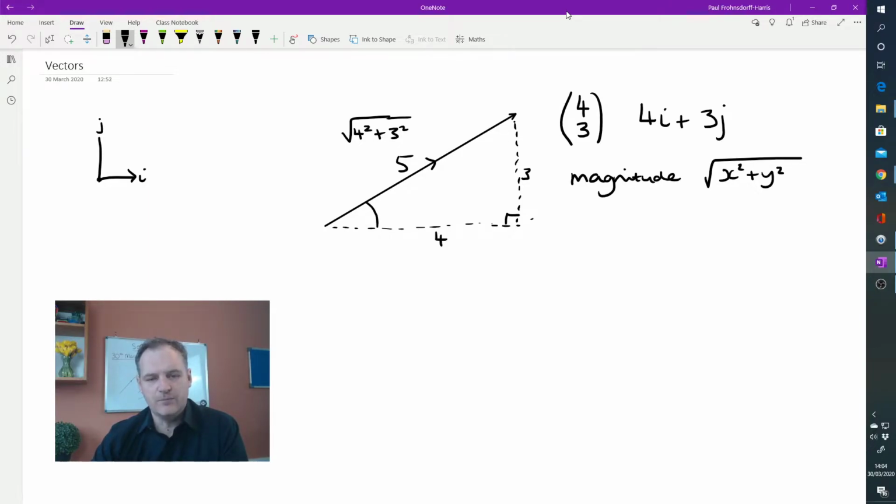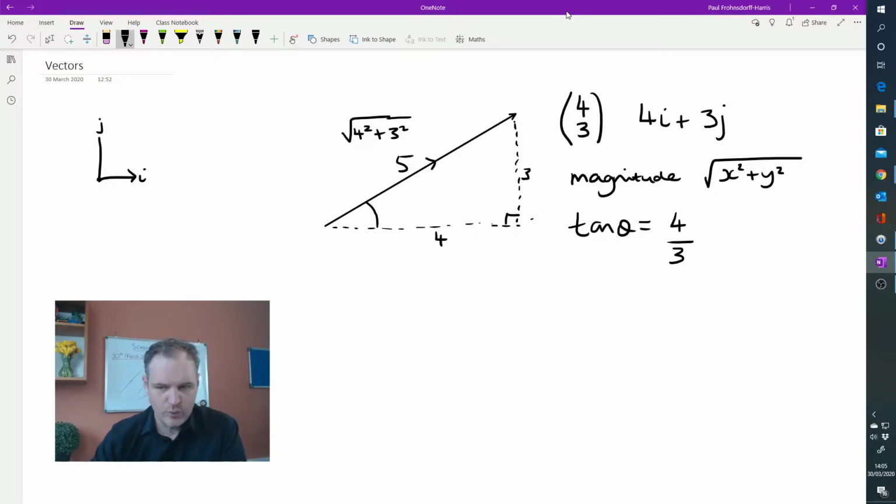So the angle of the vector itself is going to be the angle between the i number and the j number. So we're going to have tan theta is equal to whatever the i number is, 4, over the j number, 3.